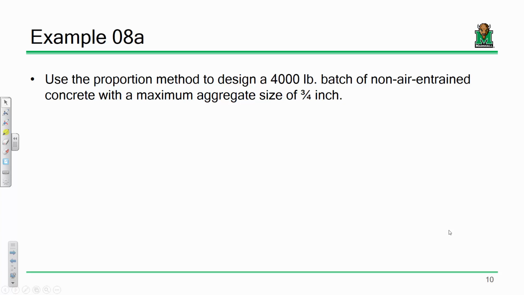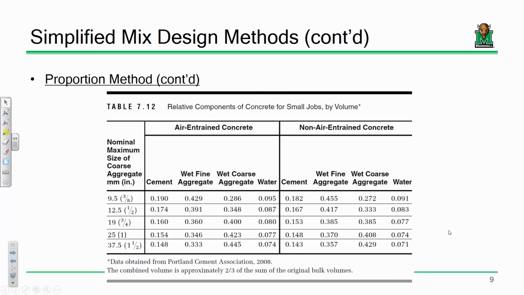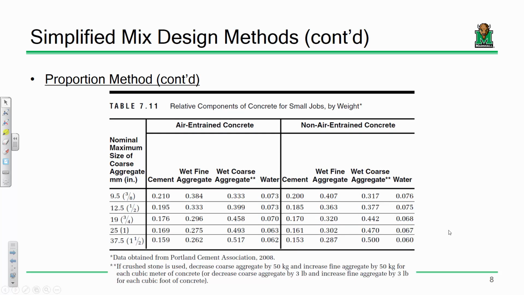It's pretty straightforward, okay? So this is by weight because we're looking for 4,000 pounds. It's non-air-entrained, and I had a maximum aggregate size of 3/4 of an inch.